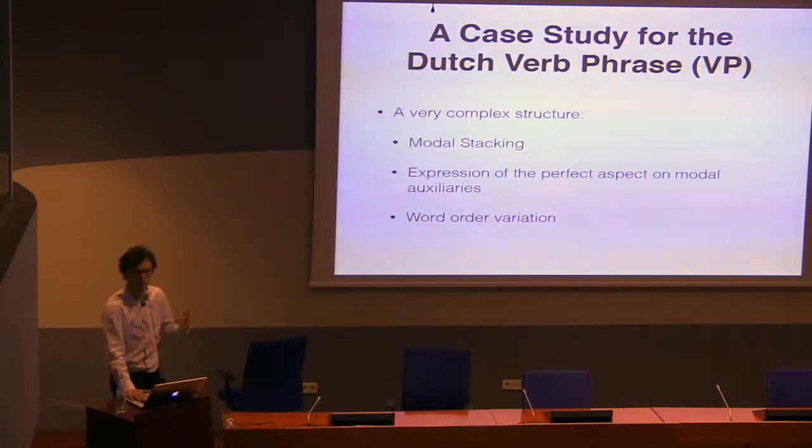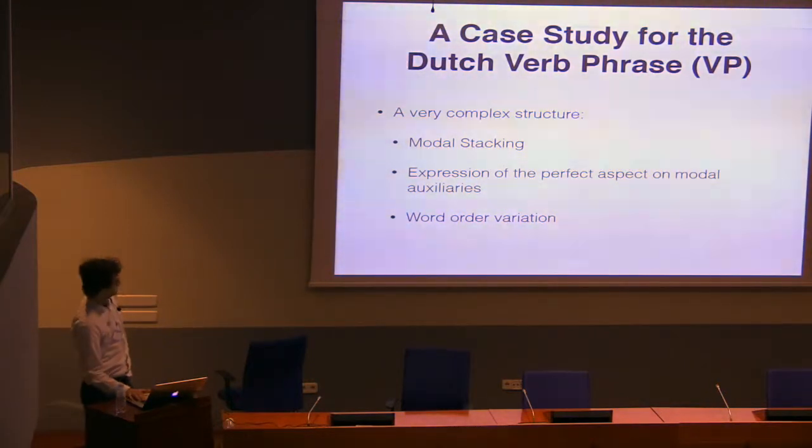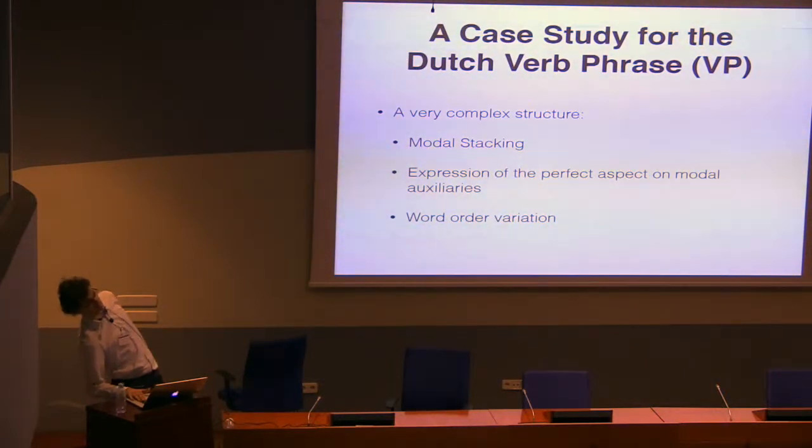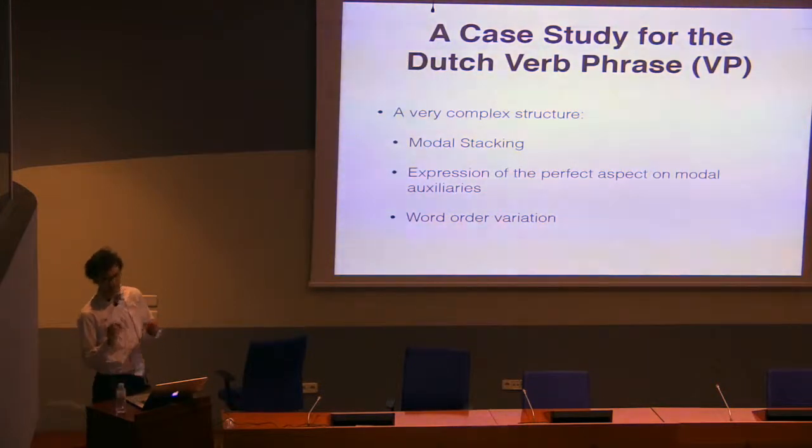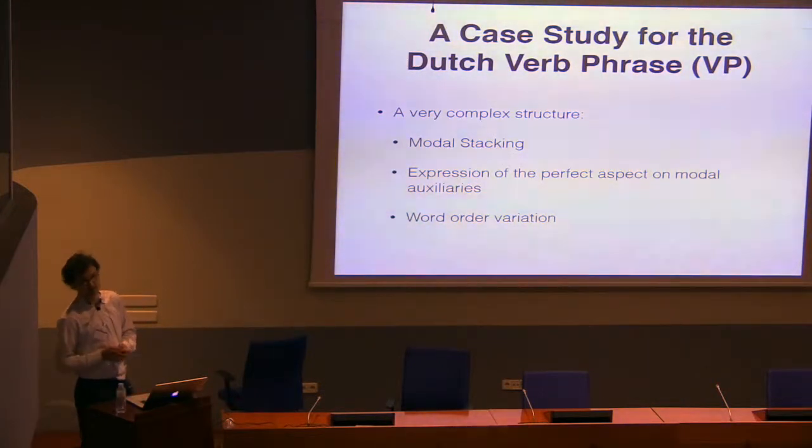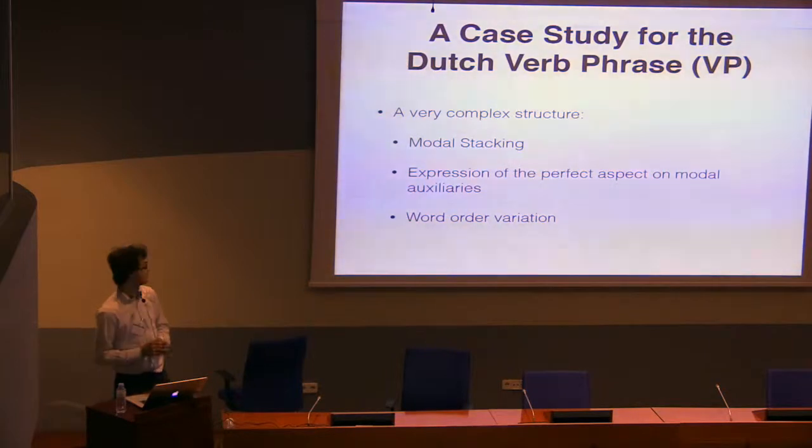You have to use a paraphrase like, I have to be able to sing, probably. You can express the perfect aspect on modal auxiliaries, like ik heb kunnen zingen, or ik kan gezongen hebben. So you can very carefully set the scope of the perfect aspect in Dutch.